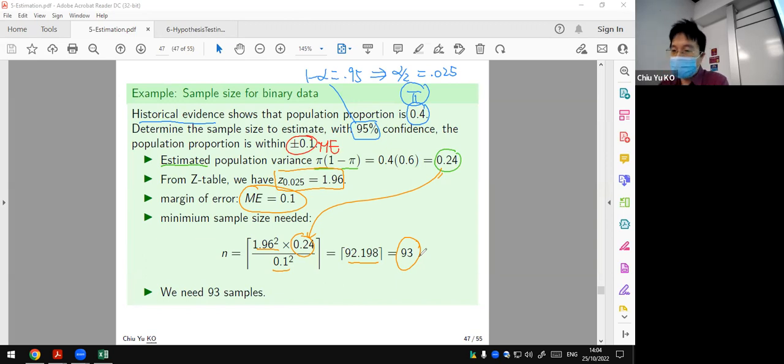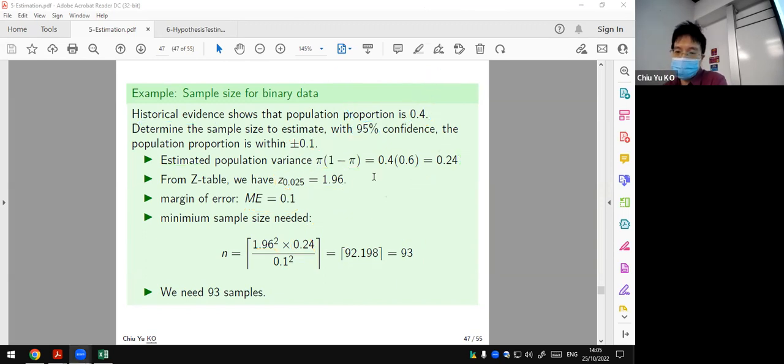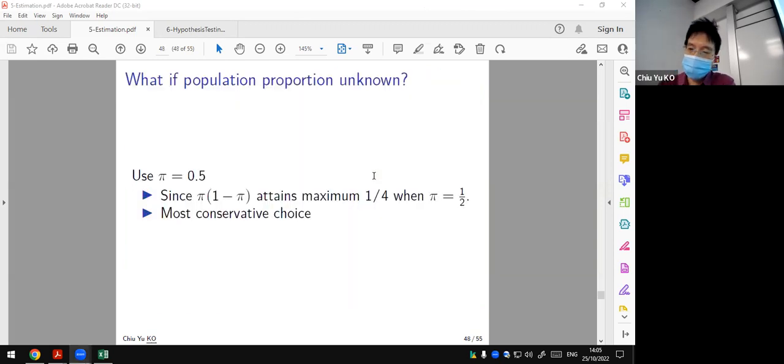The issue probably is how can we know pi? And the answer turns out to be very simple. If you don't know, which is most of the time, we will actually use 1/2. Why is that the case?